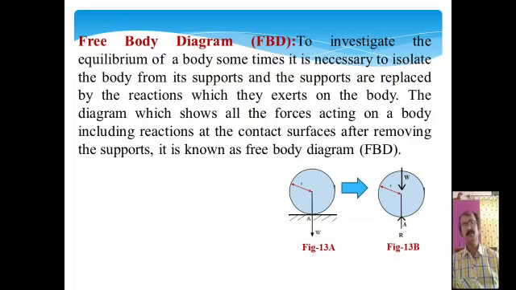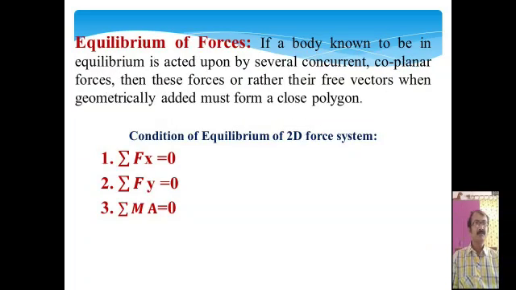Now the equilibrium of forces. If a body known to be in equilibrium is acted upon by several concurrent coplanar forces, then these forces, or rather their free vectors, geometrically added, must form a closed polygon. From the condition of equilibrium, in the case of a two-dimensional force system, summation of Fx equals 0, summation of Fy equals 0, and summation of Ma equals 0.